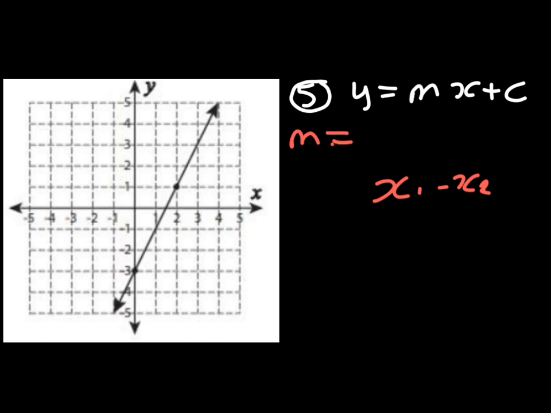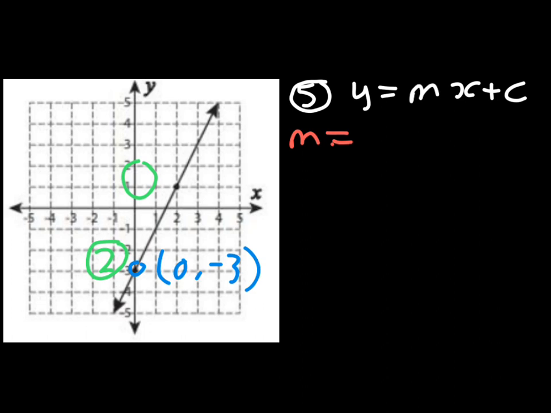And as we can see, this point is in bold, so we know that the point 2 and 1 is on our graph. And we know that this is a point on our graph. So we have 0 and minus 3. So we now need to decide which is point 1 and point 2. So we can make this point 1 and we can make this point 2.